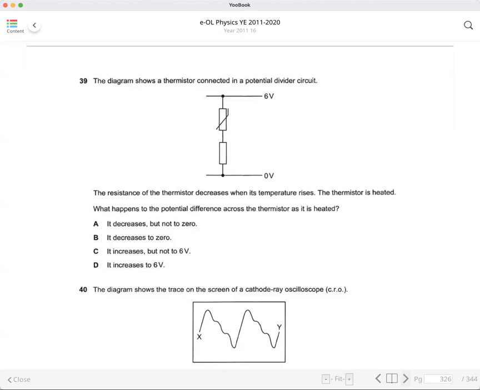Okay, so basically, as temperature rises, the resistance goes down. So the resistance of this goes down. So if I put a voltmeter here, should the voltage go up or go down? Taking into account that this is still 6 volt, and then this resistor remains the same.